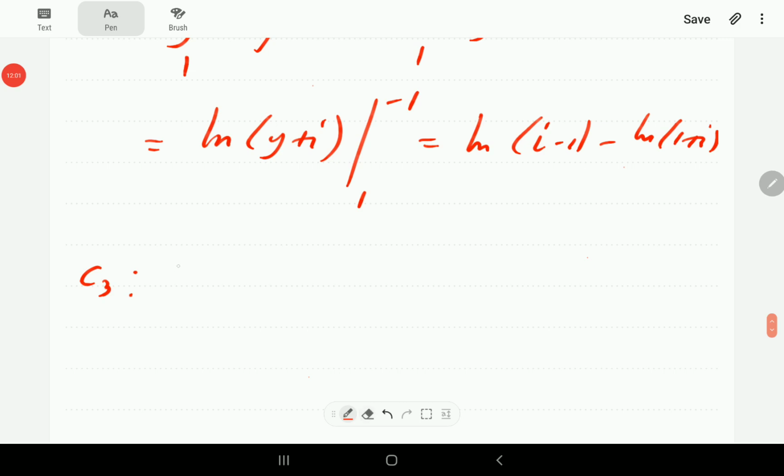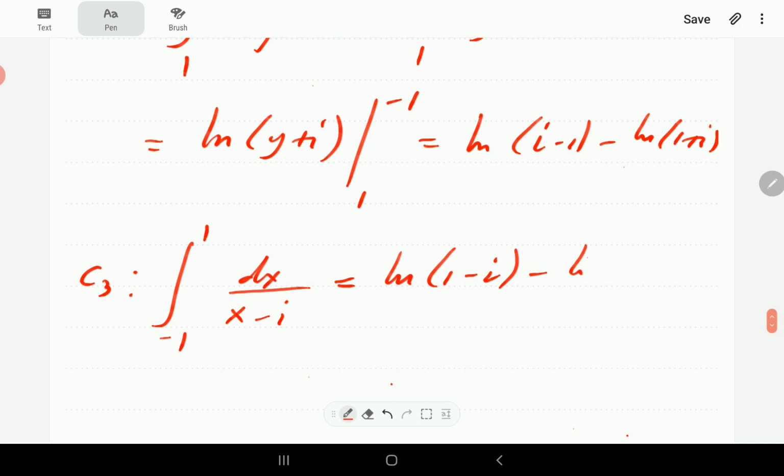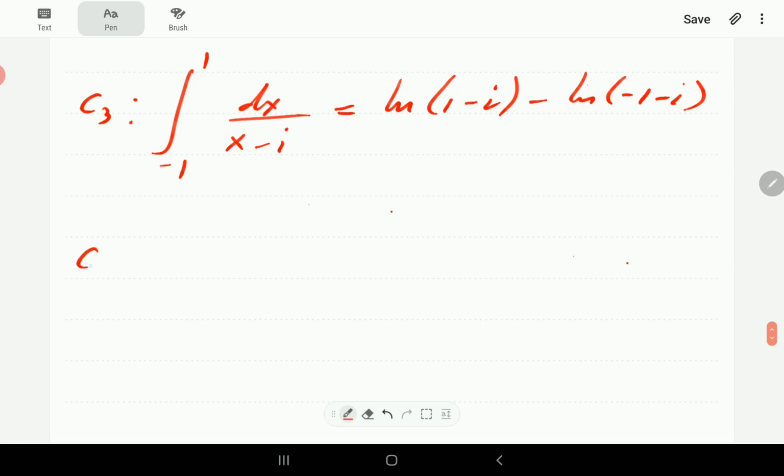C3, since the computations are similar, I'm just going to say this is the integral we are going to get, and when we evaluate this, we get ln of 1 minus i minus ln of minus 1 minus i. And then C4, we get this integral i dy over iy plus 1.